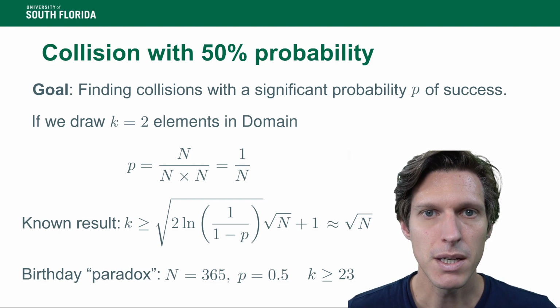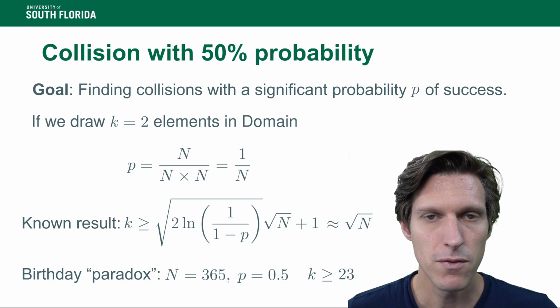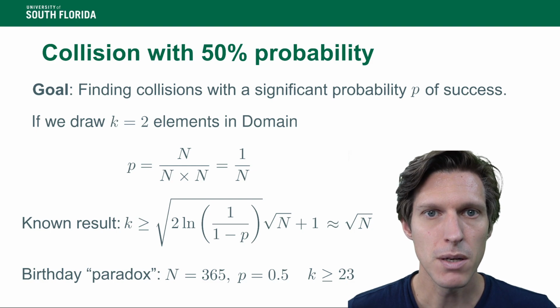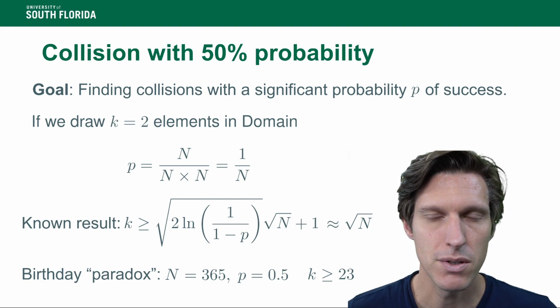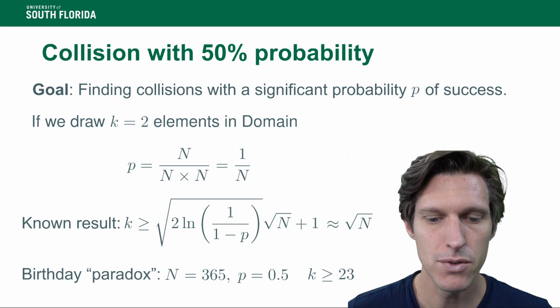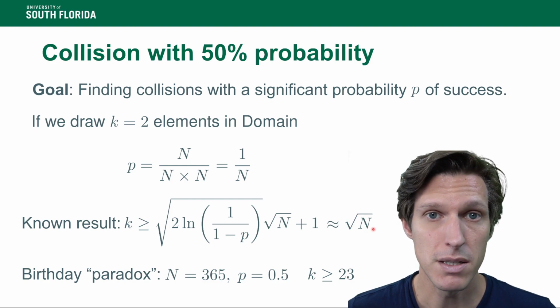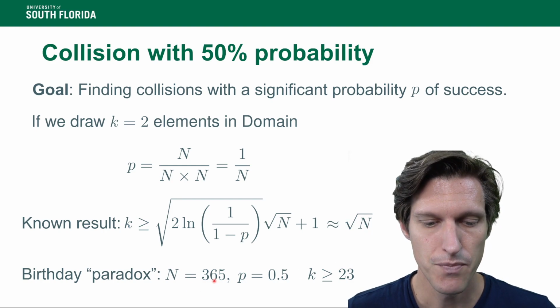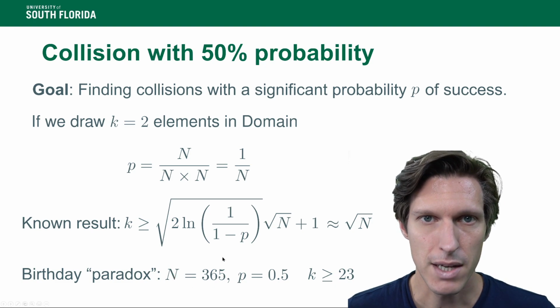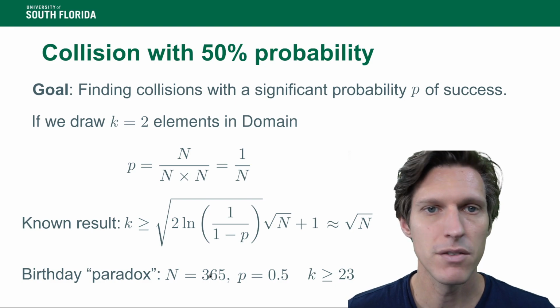Basically, it tells you how big the range needs to be in order for such a search to have a prohibitive cost. We just want it to be hard. And so if we want it to be hard, we have to set the number n so that even the square root of n is a big number. So the search for people who have the same birthday is not really a hard task. But if n is giant, then you can hope that square root n is still a very large number.